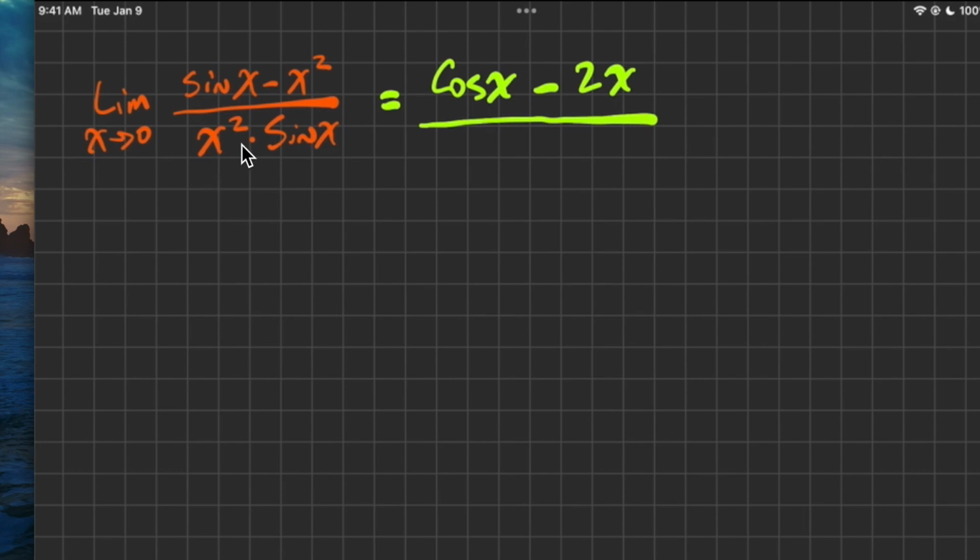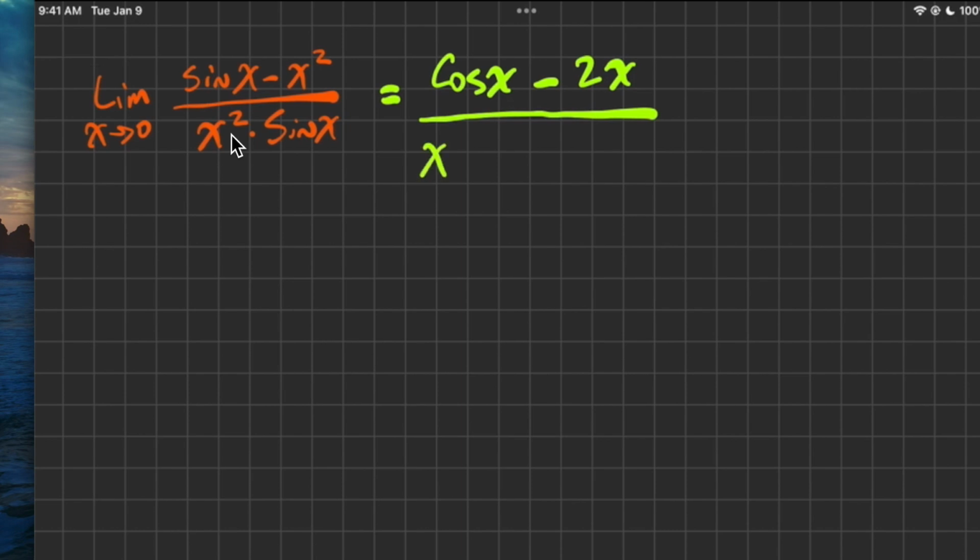Down below, to do that derivative, we do need to do the product rule. So we're going to do left d right, so x squared times cosine of x, plus right d left.